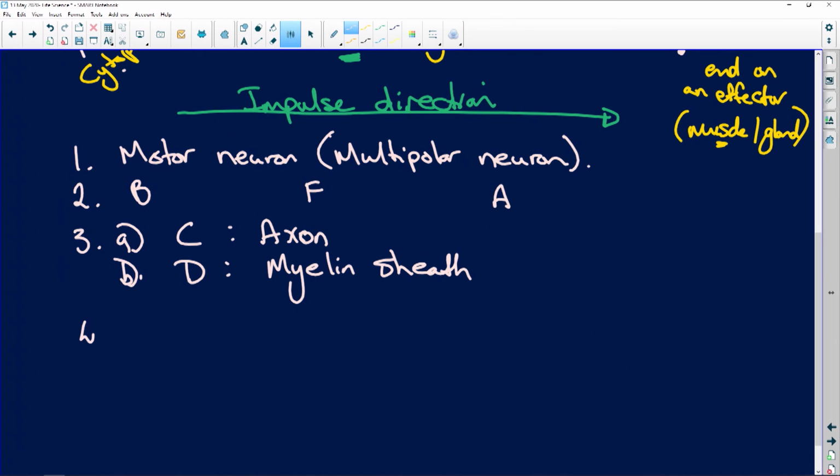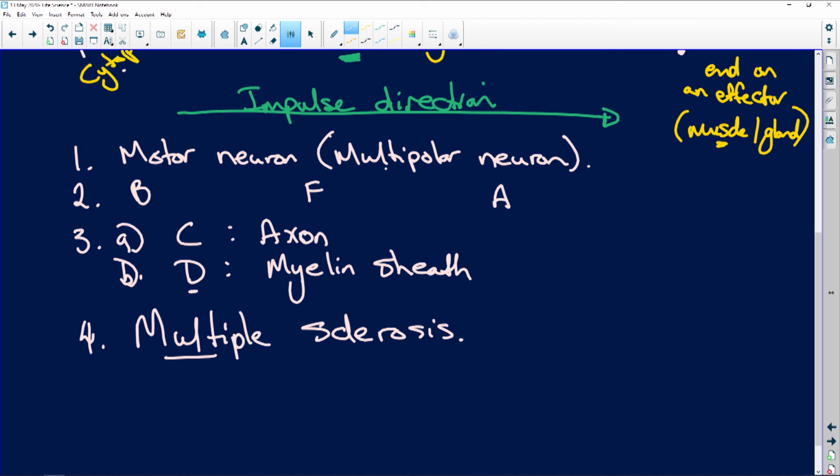All right, and then question 4, name the condition caused by the progressive deterioration of D. So that would be the progressive deterioration of the myelin sheath, and that disease is called multiple, which means lots, because it's a multipolar neuron. So remember it like that. Multiple sclerosis.